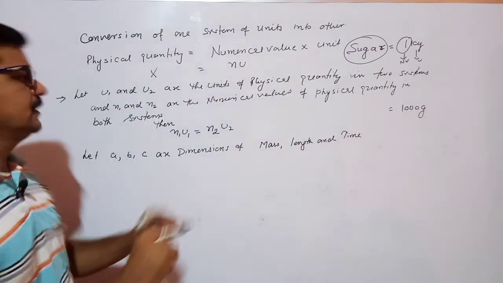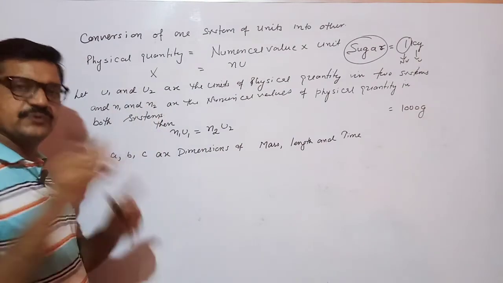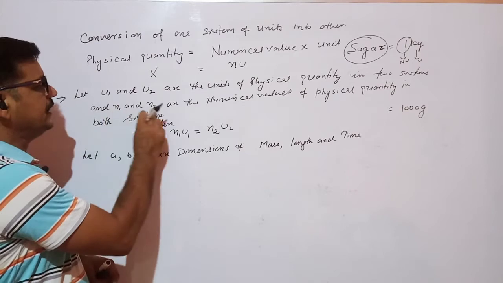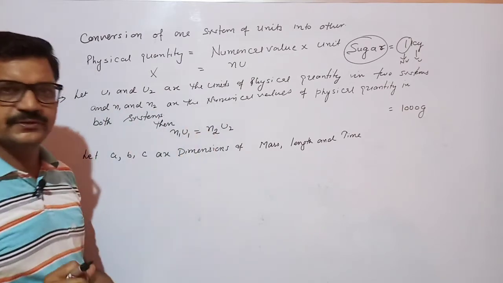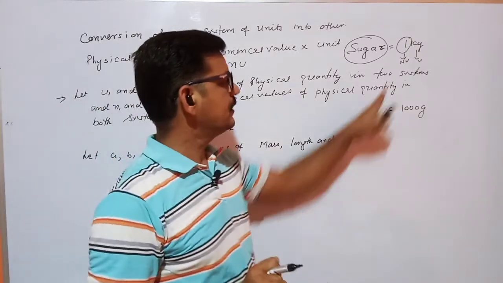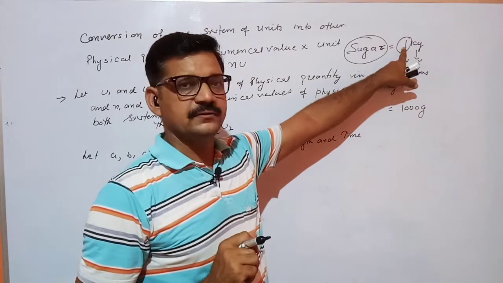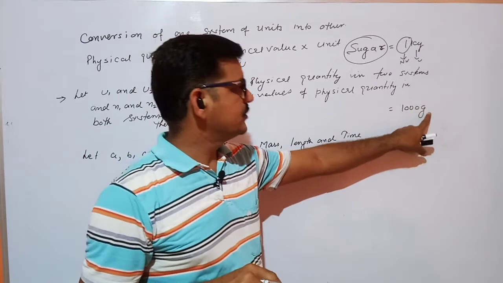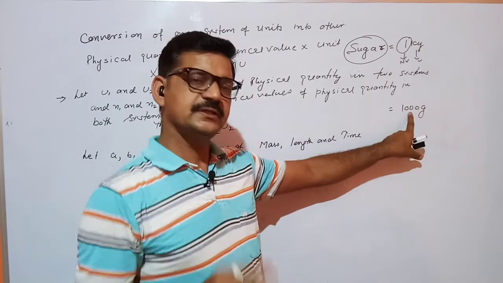So here U1 and U2 are the units of the physical quantity in two systems, and N1 and N2 are the numerical values. You can see here the numerical value is 1 and here the numerical value is 1000. If the unit is smaller, the numerical value is larger.